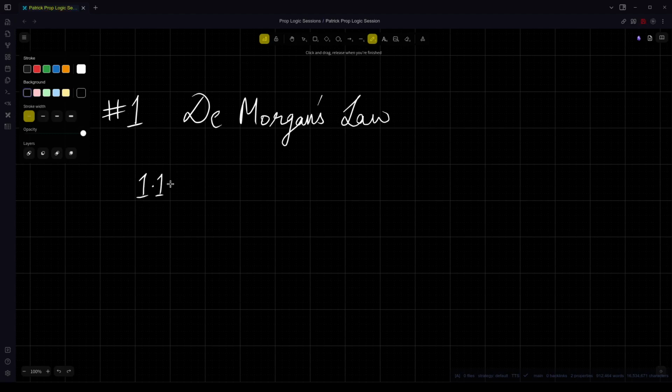The first form is not alpha and beta. Okay, this is the first form. And the negation of alpha and beta can be replaced with not alpha or not beta.